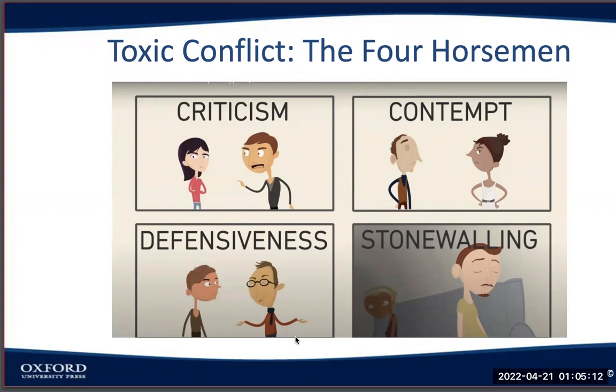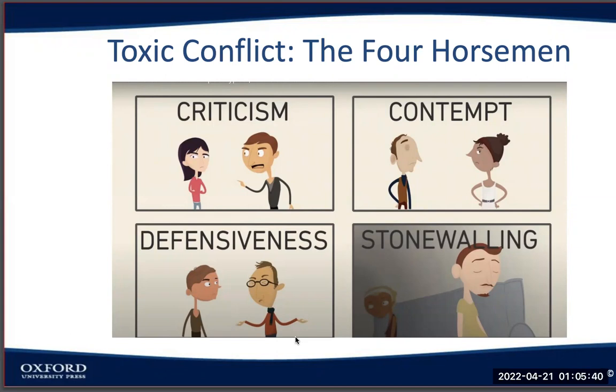But basically, the researcher has done decades of data from newlywed couples, and this is based on their communication patterns. He observed their interactions, and he has been able to predict with a pretty high accuracy rate if they are going to end up getting a divorce based on these four destructive signs.